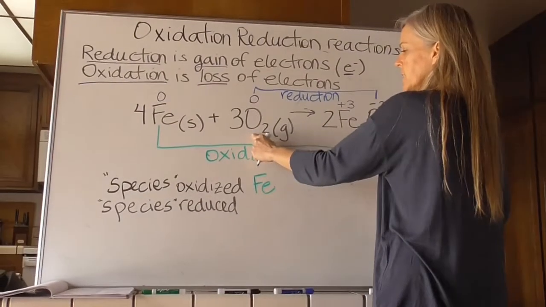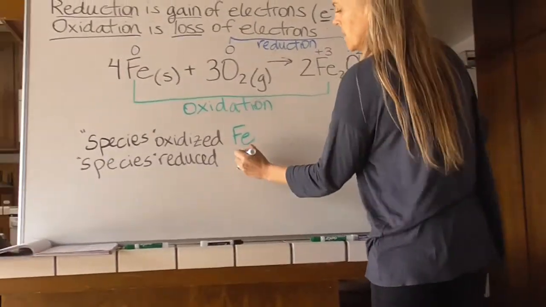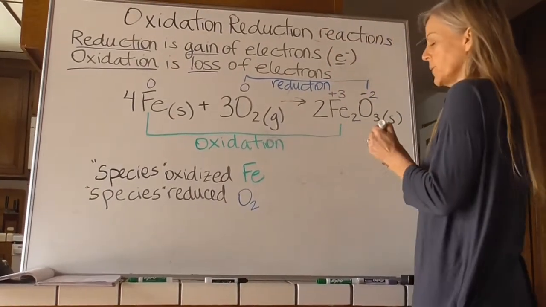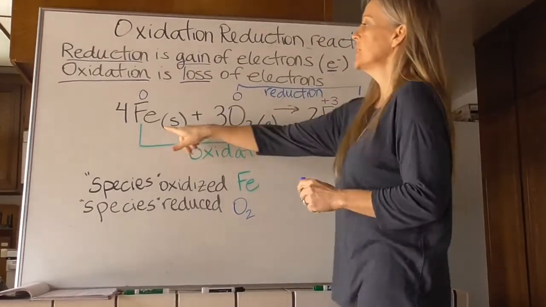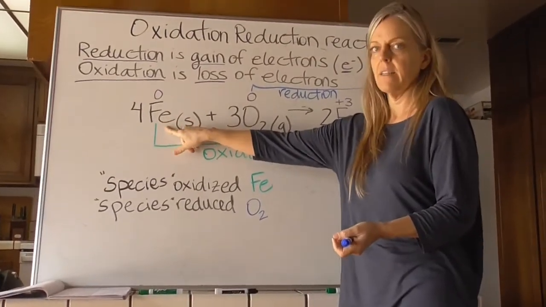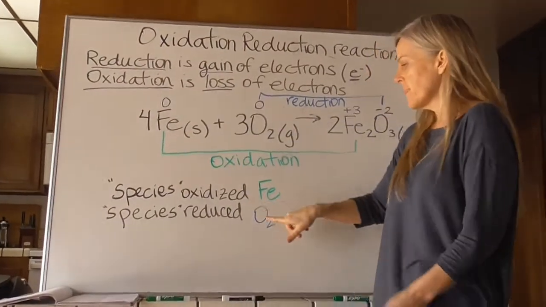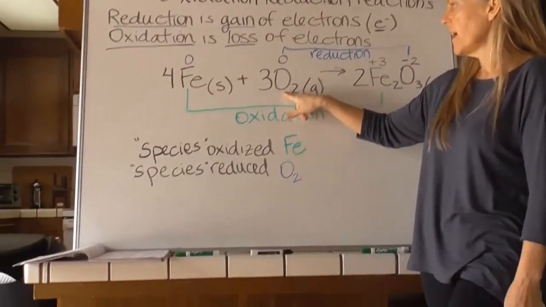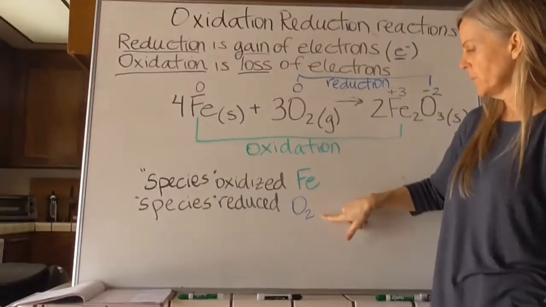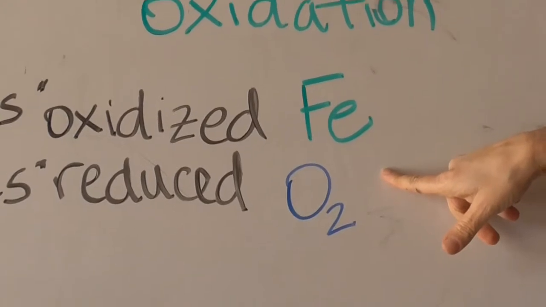So what got reduced is O2. So anytime you have an element that's not combined with another element, you write it as it is. So iron's just iron. Oxygen, the oxygen atom in here got reduced, but you write O2 because that's the form that element is in.